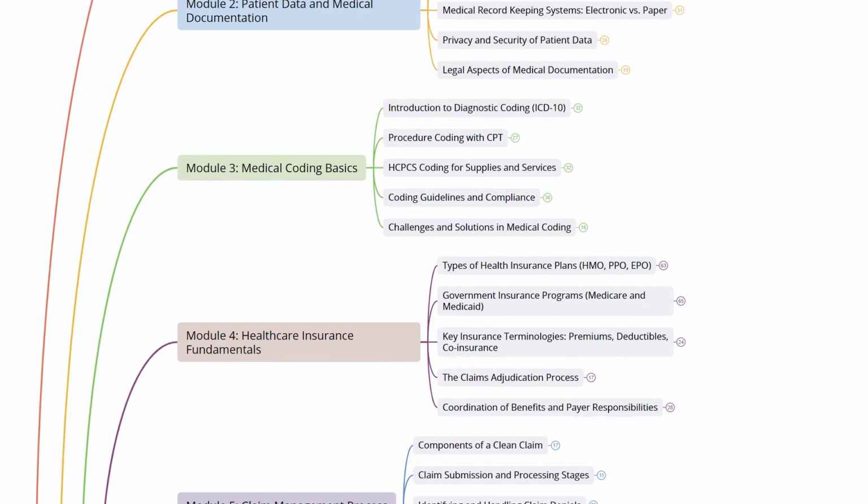Medical coding basics intends to demystify the coding universe. You learn how clinical details are transformed into universally recognized codes that facilitate billing and reimbursement processes.